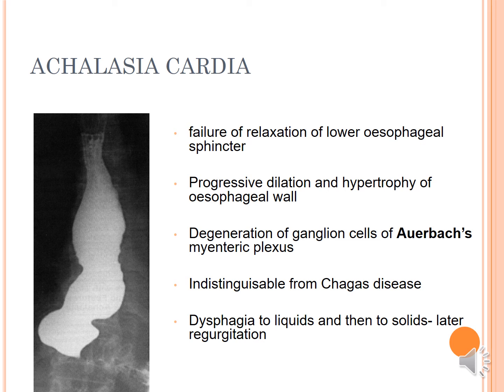It is mainly the failure of relaxation of the lower esophageal sphincter. There will be progressive dilatation and hypertrophy of the esophageal wall, as you see. There will be degeneration of the ganglion cells of Auerbach's, that is the myenteric plexus, and it is always indistinguishable from Chagas disease. It mainly has dysphagia to liquids and then to solids, and later will have regurgitation.